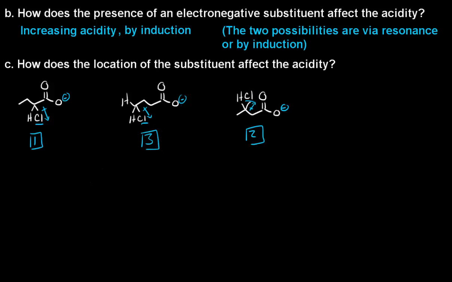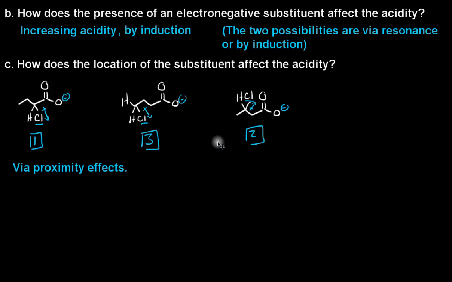The formal rationale is something called proximity effects, and we should have already talked about this in class. If we haven't, don't worry, we will talk about it relatively soon. But this is going to be via proximity effects. The closer the chlorine is, the better able it is at withdrawing electron density.